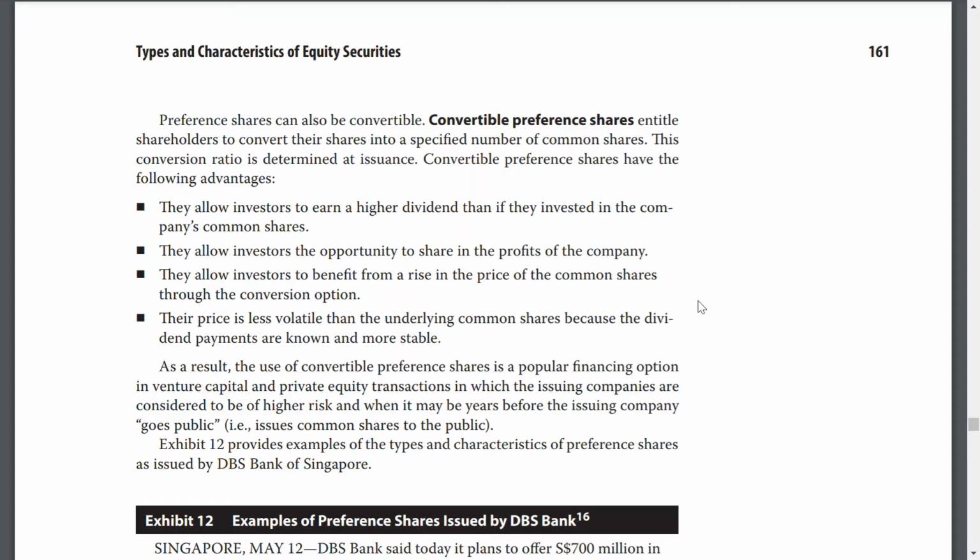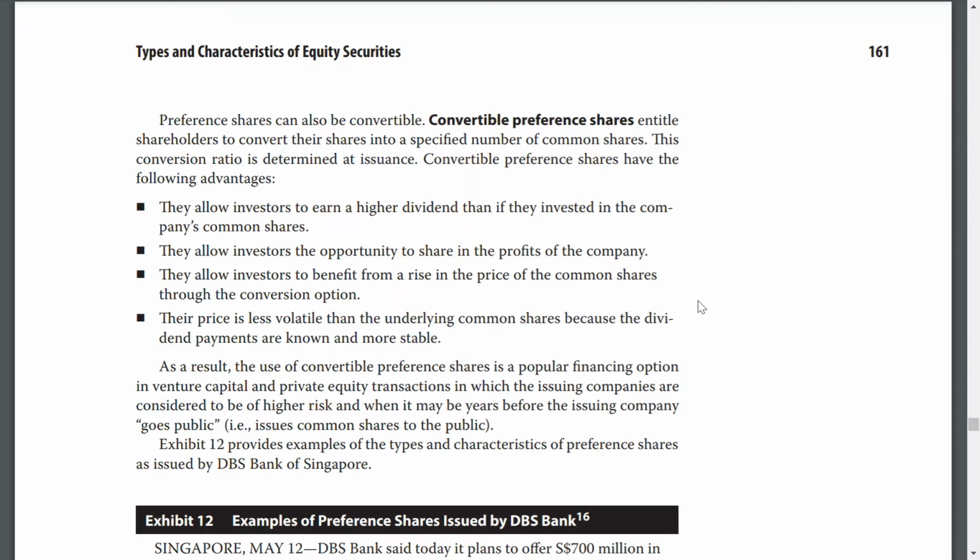They allow investors the opportunity to share in the profits of the company. They allow investors to benefit from a rise in the price of common shares through the conversion option. Their price is less volatile than the underlying common share because the dividend payment is known and more stable.